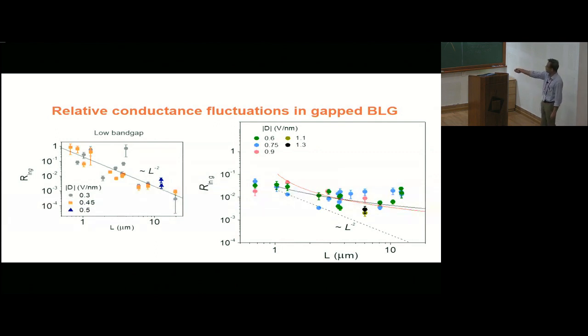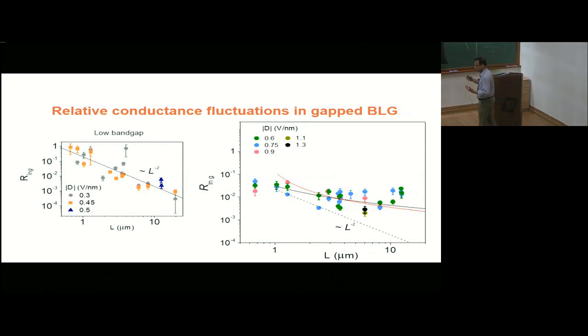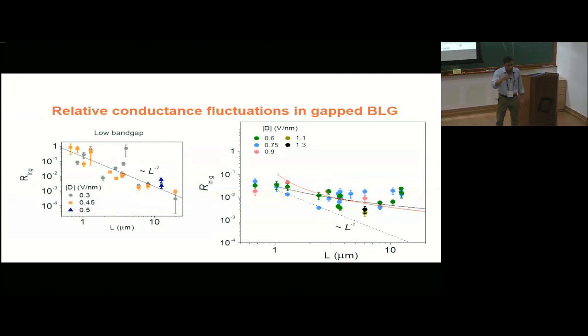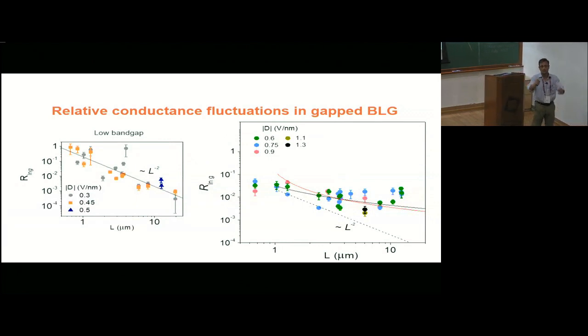Essentially there is no dependence of the distribution width on the system size, and in principle, it probably means that the transport is happening predominantly along pure one-dimensional edge states. There are gaps because of disorder along the edge. It's not pure zigzag throughout, and as a result, we probably get non-self-averaging transport in gapped bilayer graphene.